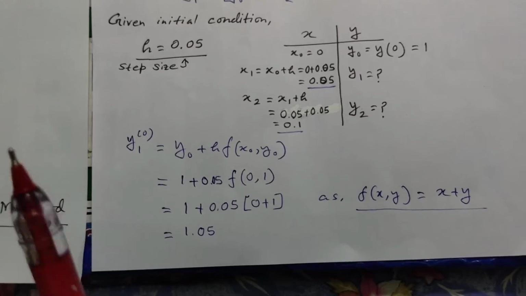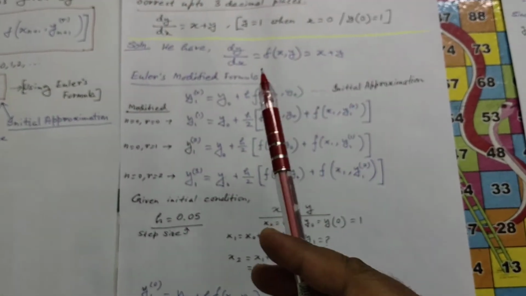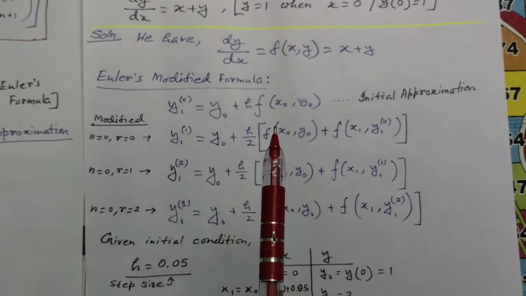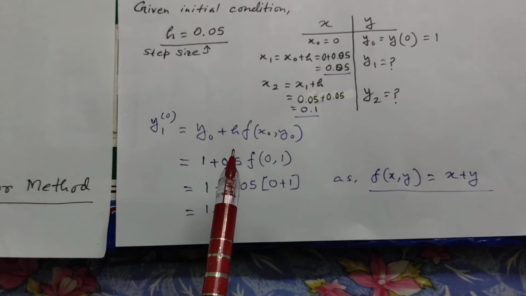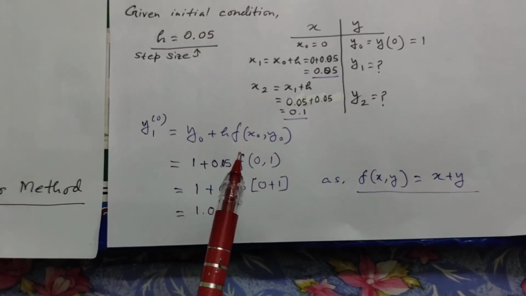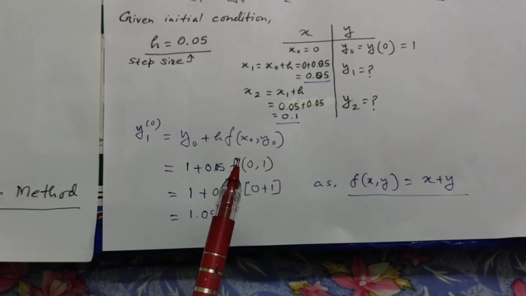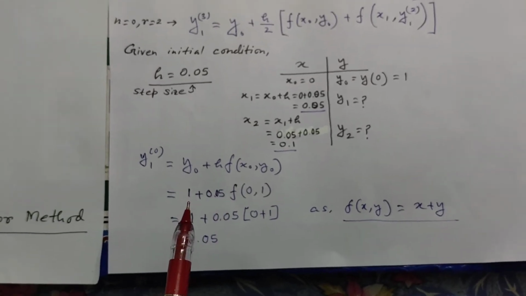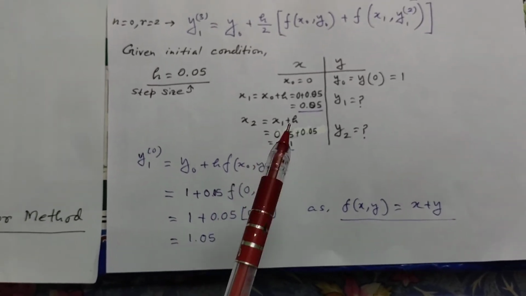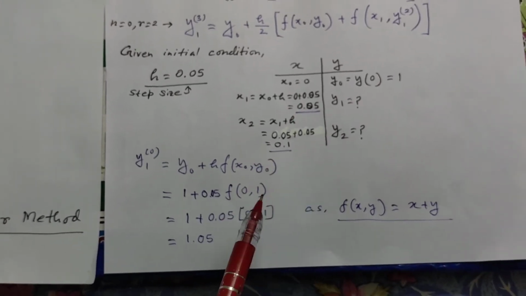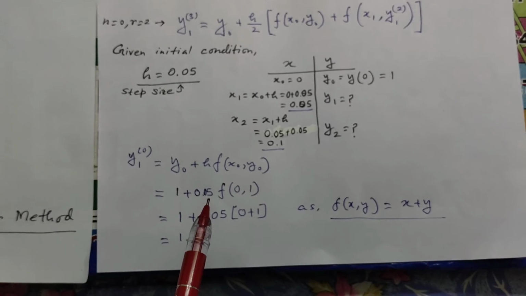Now, according to the initial approximation, y10 equals y0 plus h f(x0, y0). Putting in the values, x0 is 0, y0 is 1, and h is 0.05.